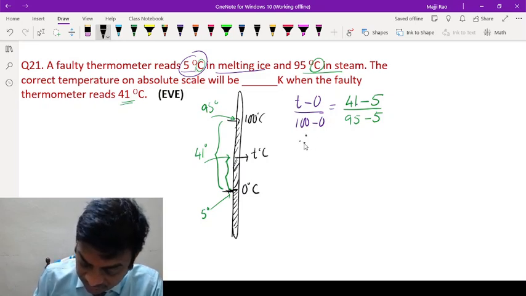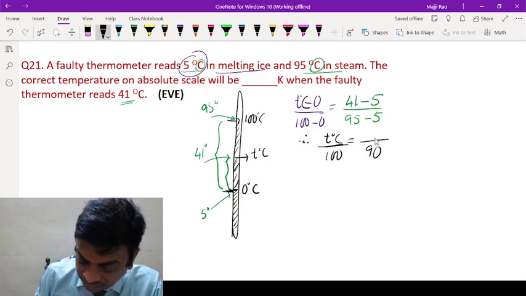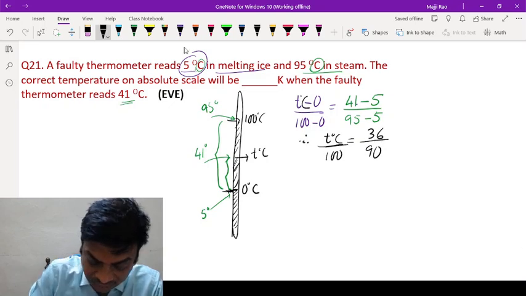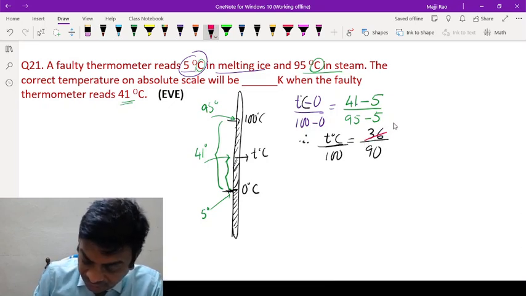So here, remember we are finding T in degree Celsius. T degree Celsius will be T by 100 equals 41 minus 5 upon 90. 41 minus 5 is how much? 36. So 9 fours are 36, so T is exactly 40 degrees Celsius.